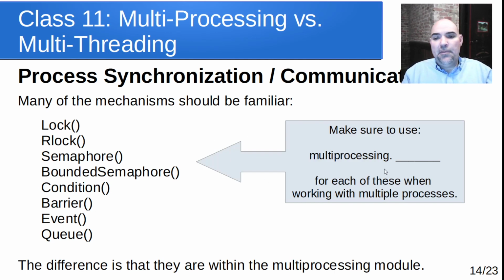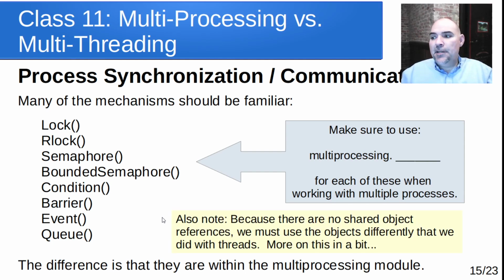We would use multiprocessing.Lock or multiprocessing.Queue, multiprocessing.Barrier, whatever, for each one when we're working with multiple processes. Now, there's also another thing that should be mentioned here, and that is because there are no shared object references, we have to use those objects a little bit differently than we did with threads. So we'll look at that a little more in the next slides here.